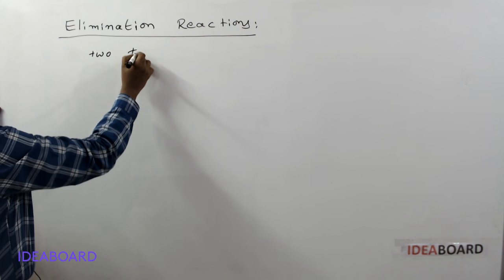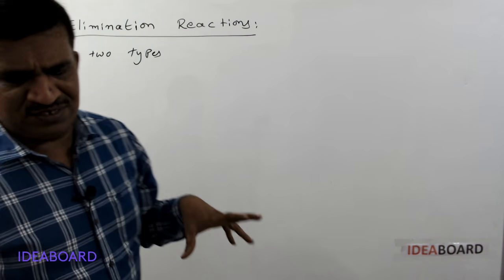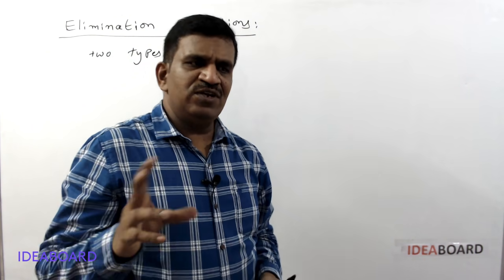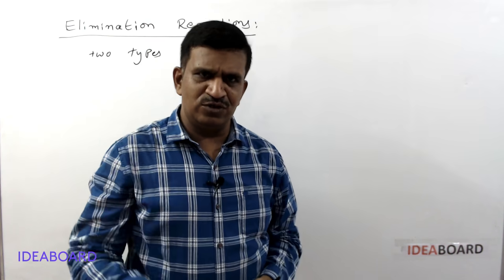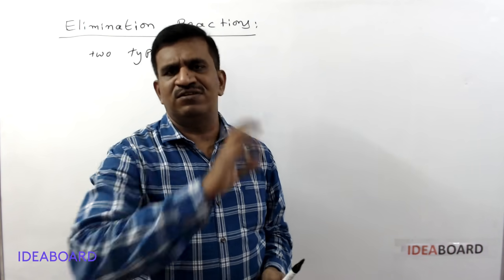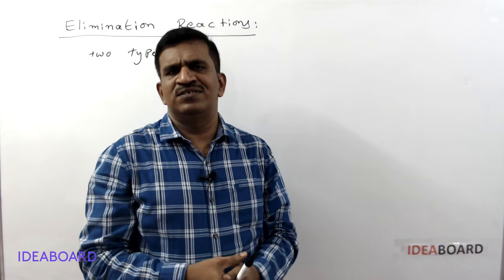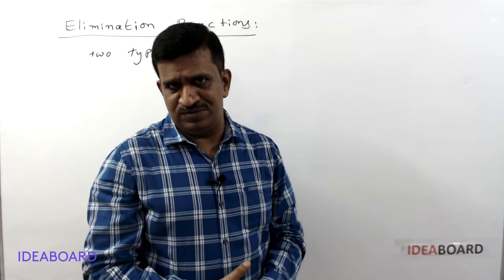So what is an elimination reaction? It is the process of removal of two or more atoms or groups from a molecule, generally to form unsaturated compounds. Normally, unsaturated compounds are formed after the removal of atoms or groups.